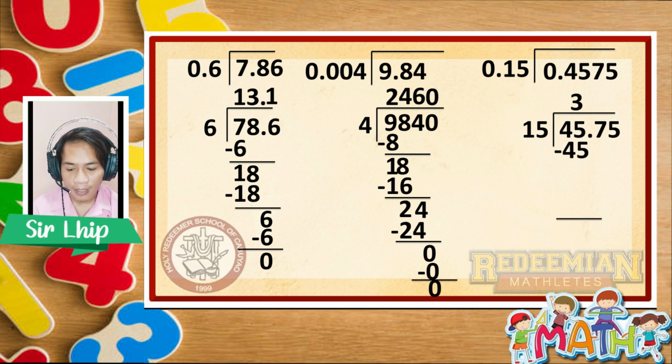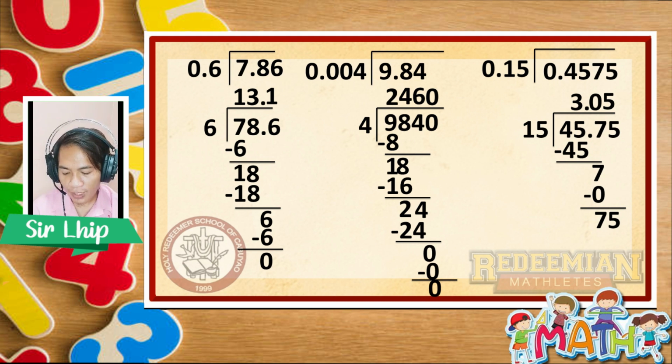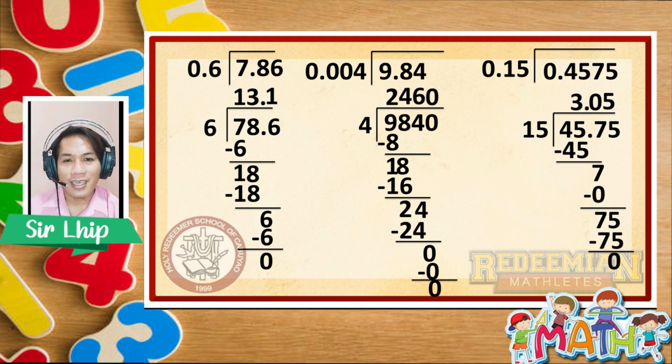Bring down 7. 7 divided by 15 cannot be, so write 0 in the quotient. 0 times 15 equals 0. 7 minus 0 equals 7. Bring down 5. So 75 divided by 15 equals 5. 5 times 15 equals 75. Thus, the quotient is 3 and 5 hundredths.